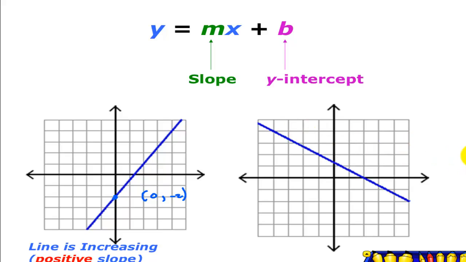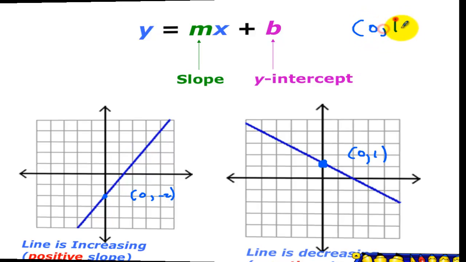Alright, this line is decreasing from left to right. Therefore, the slope of this line is a negative slope. Now, the y-intercept is 0, comma, 1. And again, in general, if we are going to write b as an ordered pair, it will be 0, comma, b.